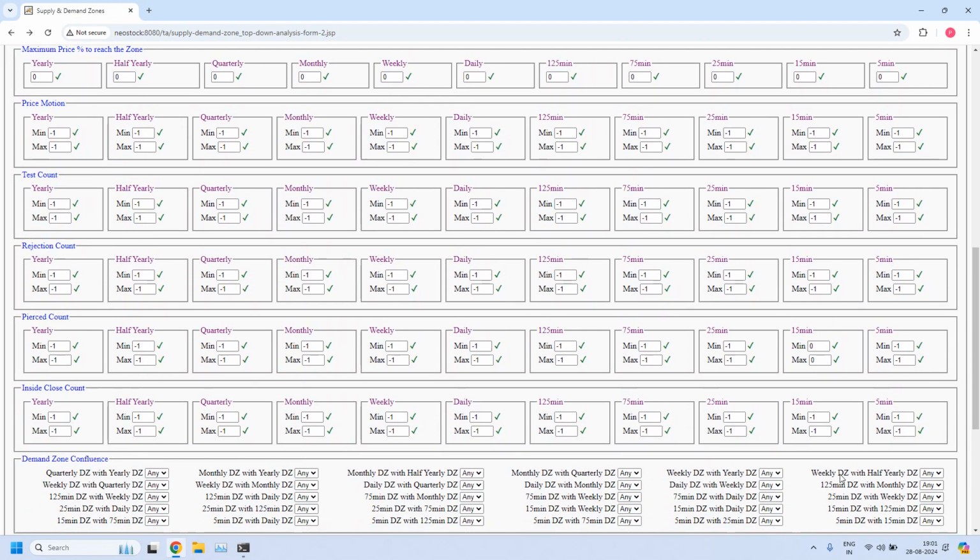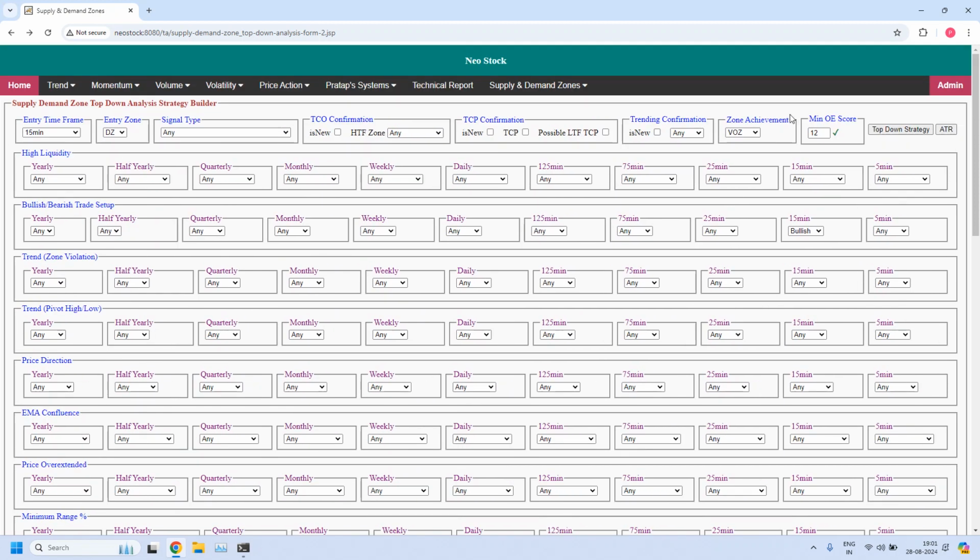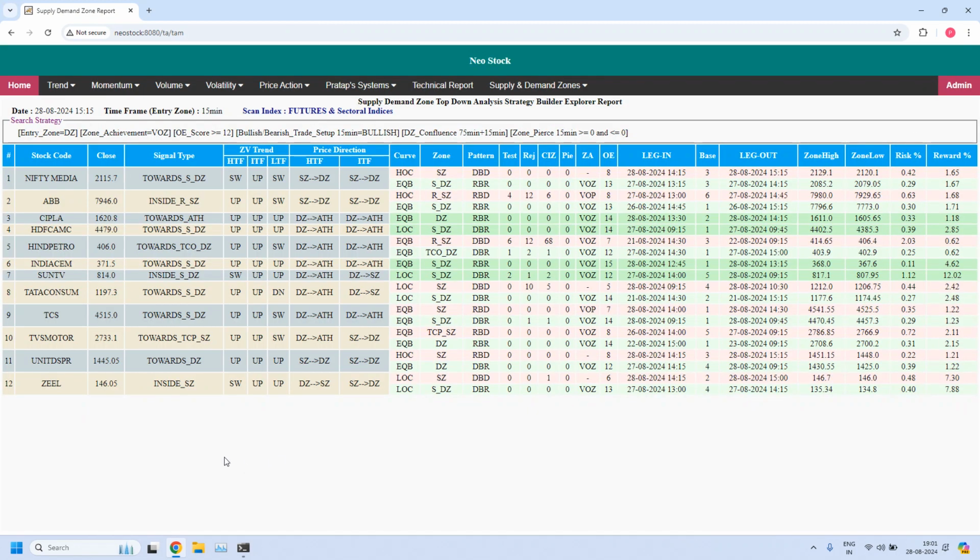So in the demand zone confluence, 15 minutes demand zone with 75 minutes demand zone, enable the filter. Now we filter. So 12 stocks, all these 12 stocks are having a bullish trade setup and also 15 minute zones with 75 minute zone confluence. Bullish trade setup for daily income trade.